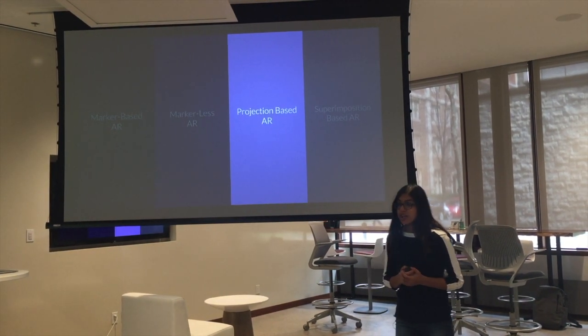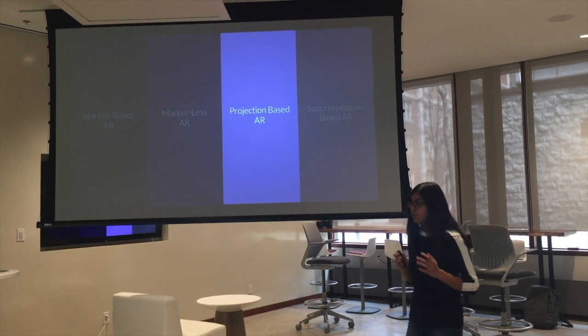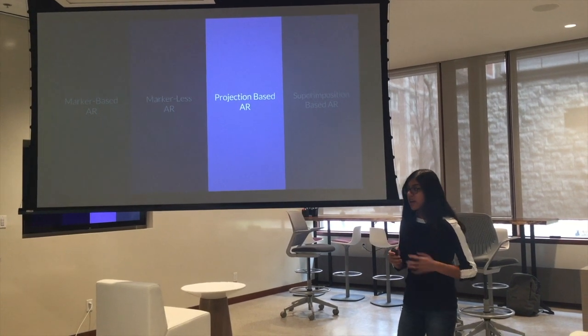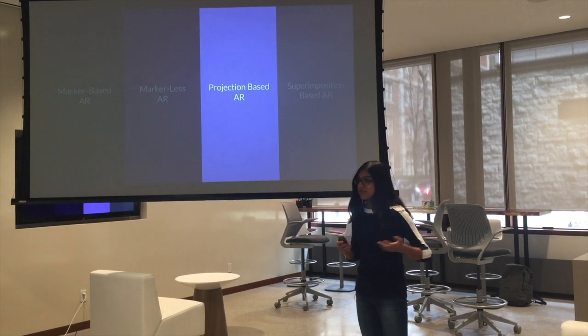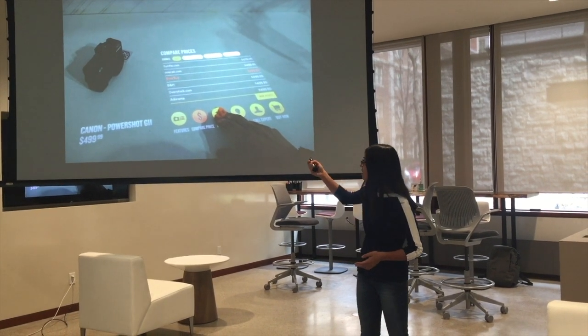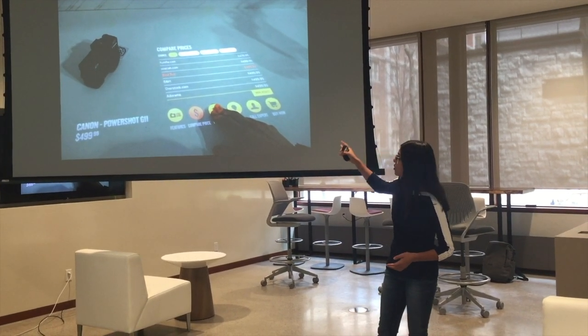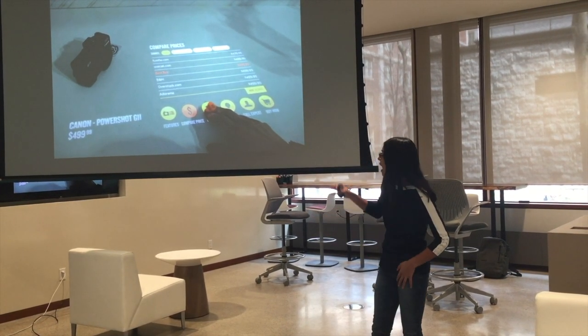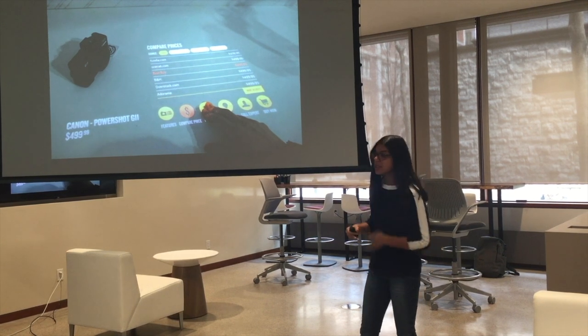Another type of AR is projection-based AR, and what this is, it projects images onto a certain surface, and then when you've touched something, it executes a different action. So over here, we can see that something has projected this screen onto this white platform, and then once the person has touched that, something else will happen.